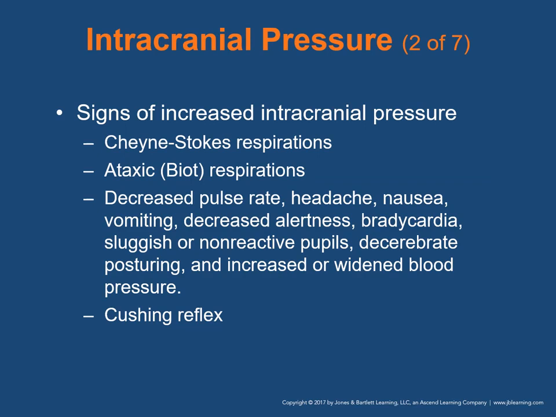Signs of increased intracranial pressure are Cheyne-Stokes respirations, ataxic or Biot respirations, decreased pulse rate, headache, nausea, vomiting, decreased alertness, bradycardia, sluggish or non-reactive pupils, decerebrate posturing, increased or widened blood pressure, and the Cushing reflex, which is a triad of increased systolic blood pressure, decreased pulse rate, and irregular respiration, and these signify increased ICP.